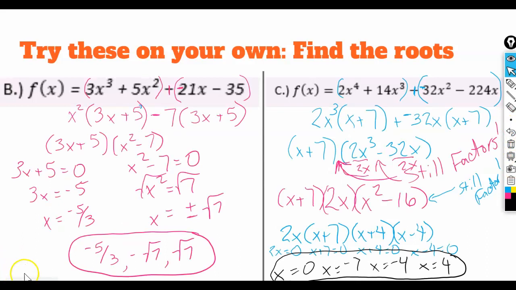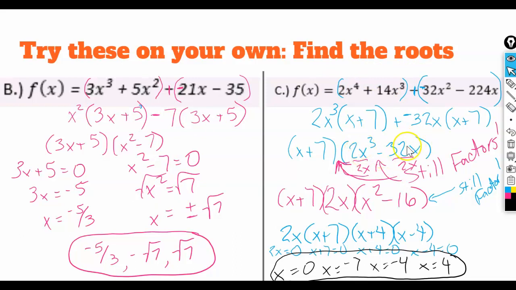All right, hopefully you have finished these 2 problems and you're just checking your answers. So again, I've shown my work up here so that you can look through your work and make sure that if you did make a mistake, you have found your mistake. This one I could factor by grouping. This one I did factor by grouping, but one of my factors I noticed could still be factored.